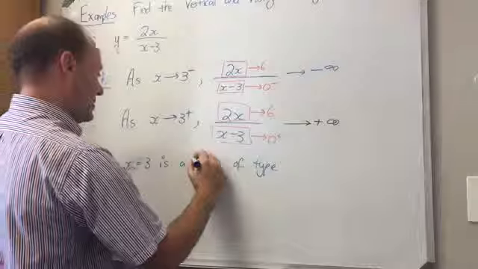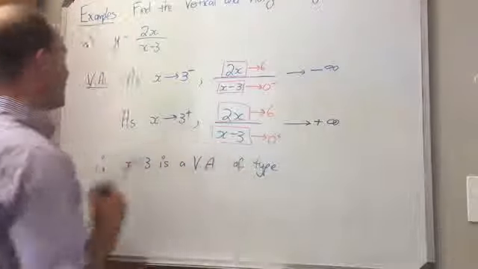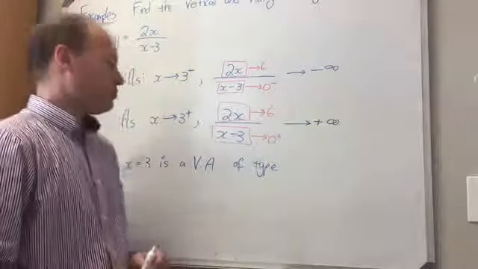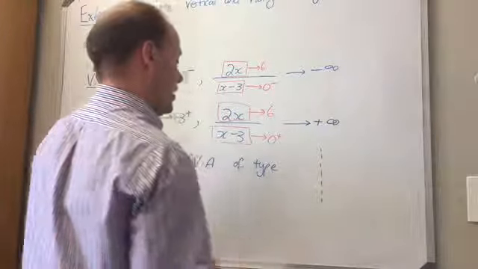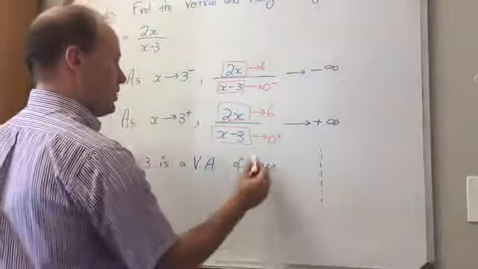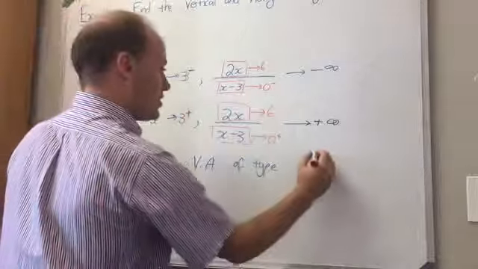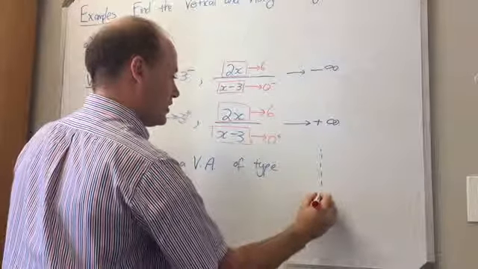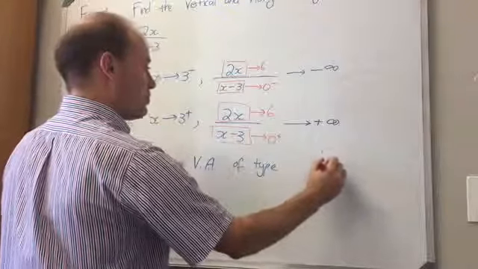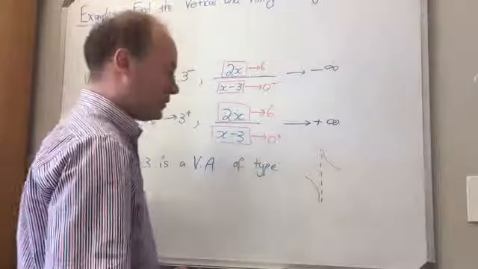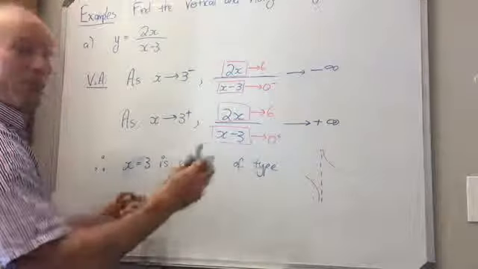Horizontal asymptotes, and we're actually doing vertical asymptotes here. So I draw a vertical line, and as x approaches 3 from the left, the graph's tending towards minus infinity. As x approaches 3 from the right, the graph's tending towards plus infinity. So it looks like that. That's just the way we write it down.